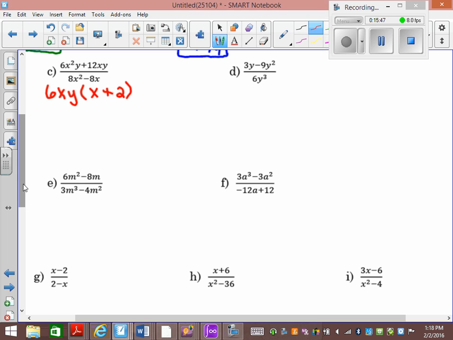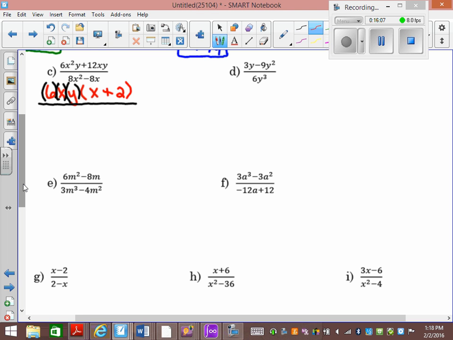So I'm left with x plus 2. Now that 6 and that x and that y are all multiplied by each other, so they can go in their own brackets, right? Anything that's multiplied, not attached to the plus or minus sign, can go in its own brackets.